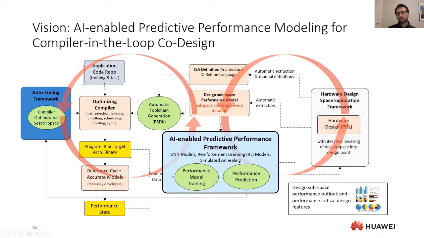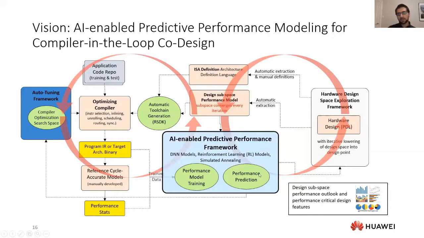For the hardware design space exploration, it works as inference only, where your current design point is encoded in ADL, and automated tool generation through the RSDK is used to get your software tools.